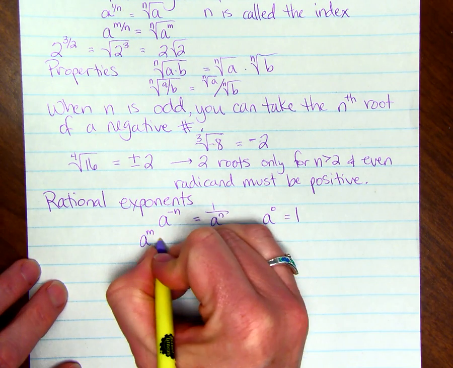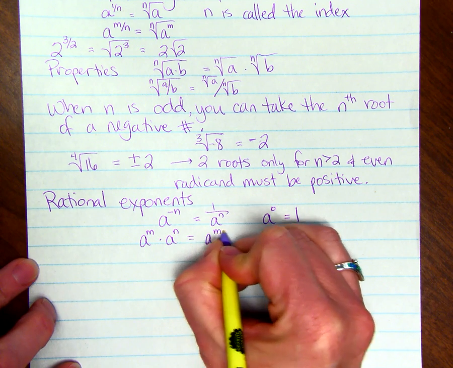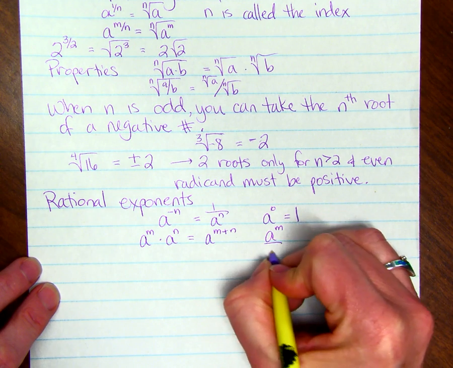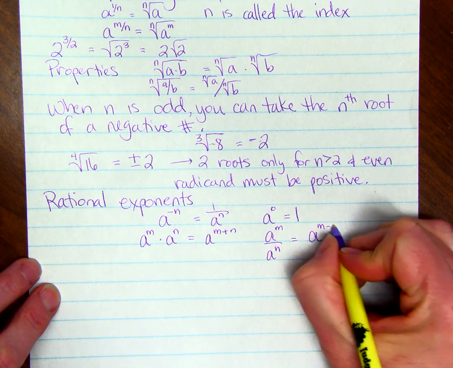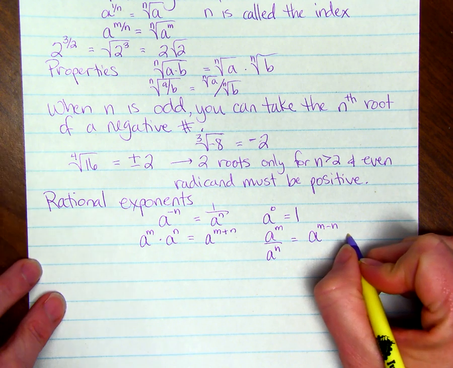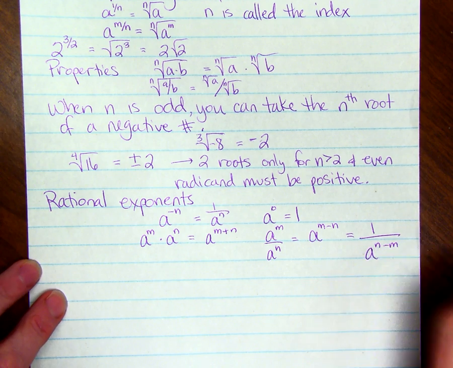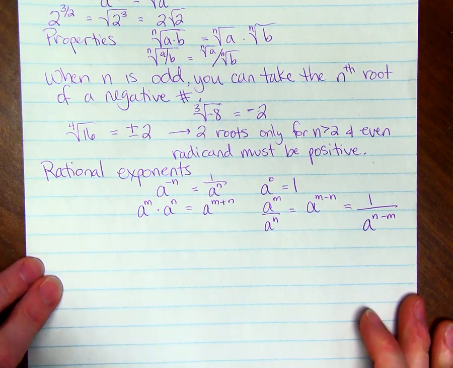If you multiply two numbers with the same base, different exponents, you can add the exponents. When you divide, you can subtract exponents and leave it in the numerator, or you can subtract and leave it in the denominator. So you would have the denominator's exponent minus the numerator's exponent, and then you leave it in the denominator.